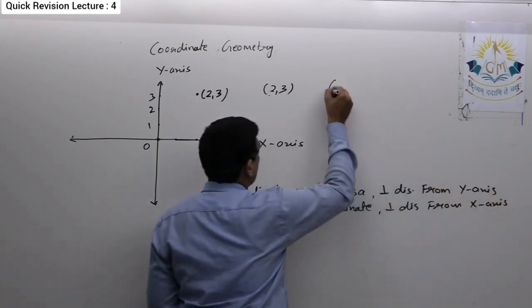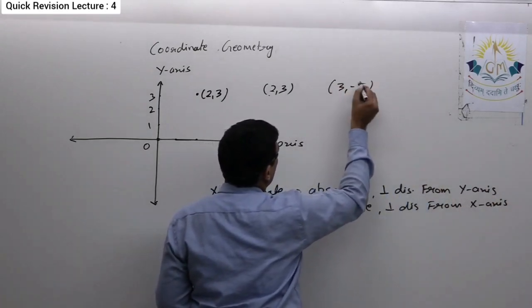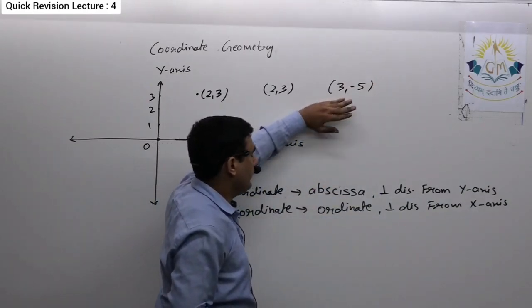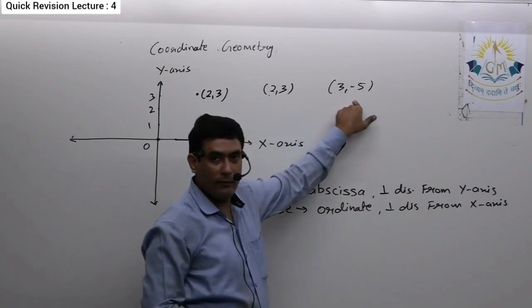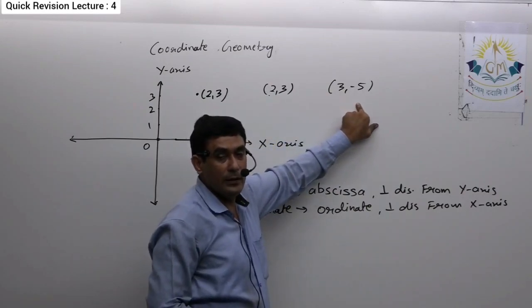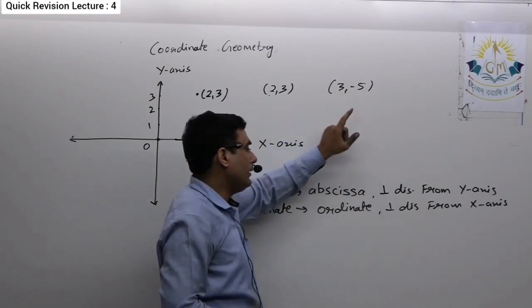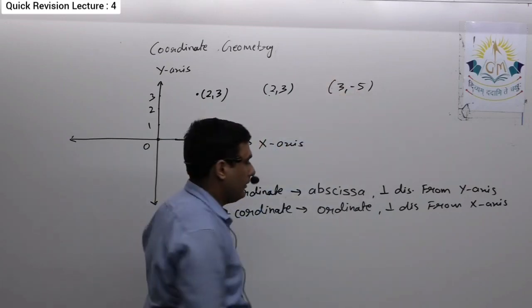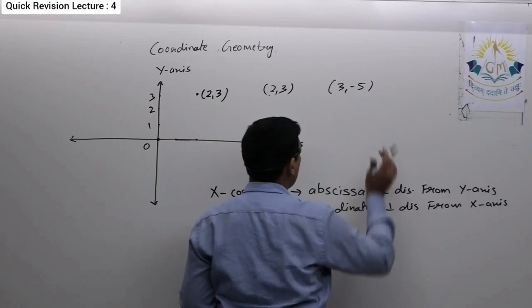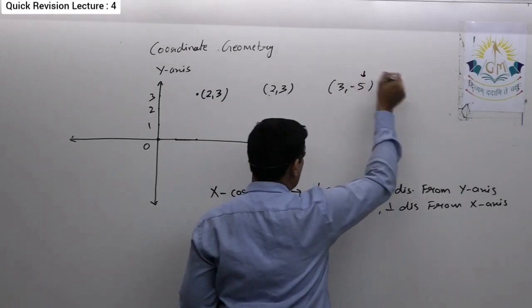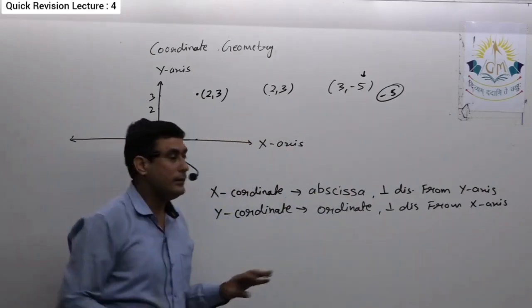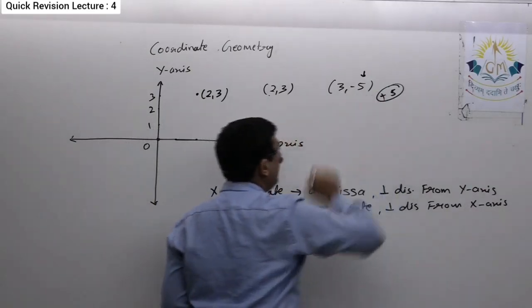They generally do ask (3, -4) or (3, -5). If the coordinates of a point are (3, -5), then what is the perpendicular distance of the point from the x-axis? From the x-axis the perpendicular distance is the y coordinate, but I won't write -5 because it's a distance, it cannot be negative, so my answer will be 5.